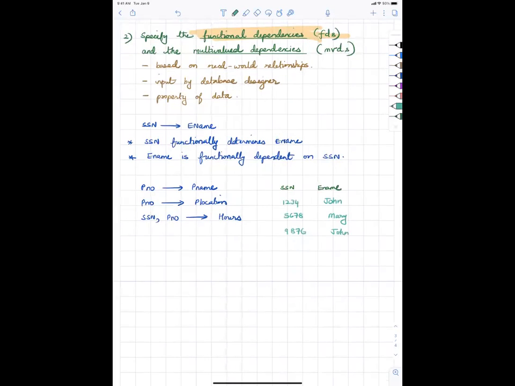So this is a small table I've written on the left, and I've said the social security number determines e-name. Given that, does this table satisfy or violate this rule? SSN determines e-name.